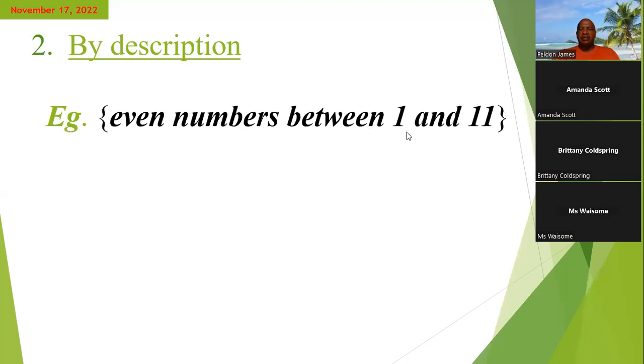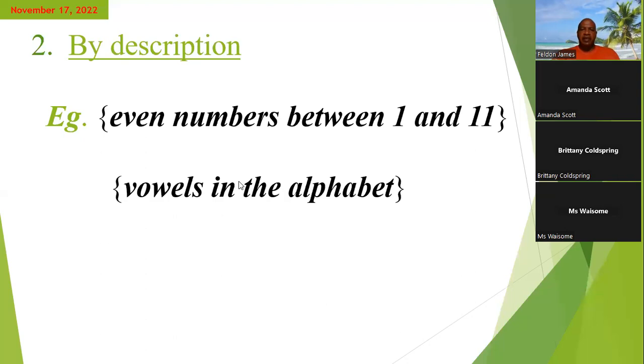Now we could also say this: the set of even numbers from 2 to 10. So when we're describing it, not only can we describe by saying "between," but we can also say "from." We could say from 2 to 10, and that would be perfectly fine in our description.